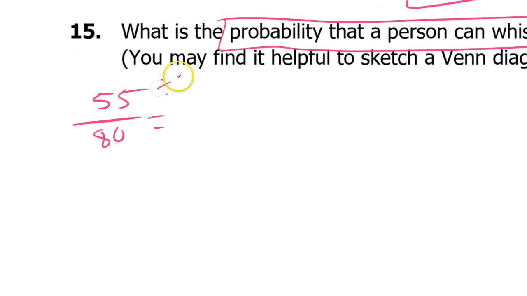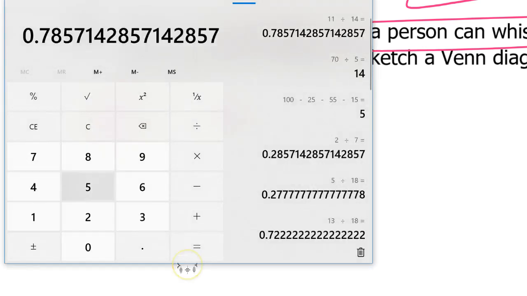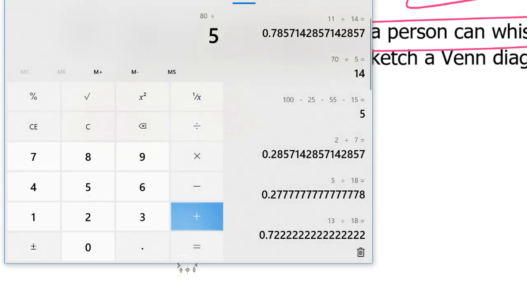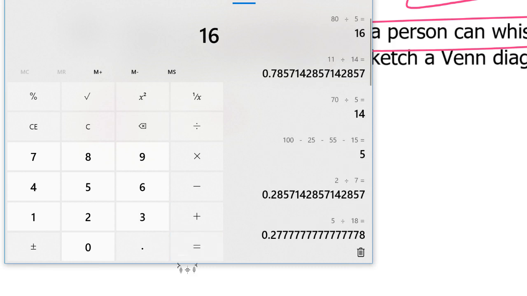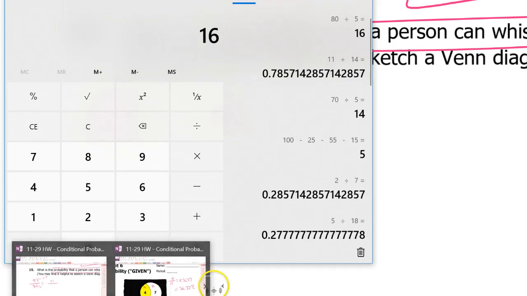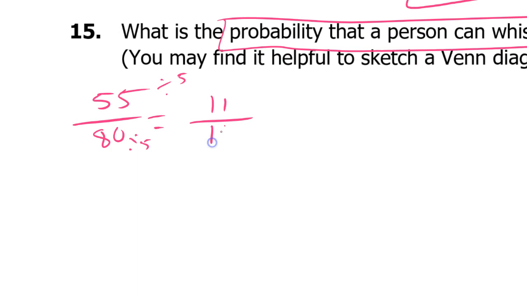Both of these are divisible by 5. So this is going to be 11 over something. 80 divided by 5 is 16.